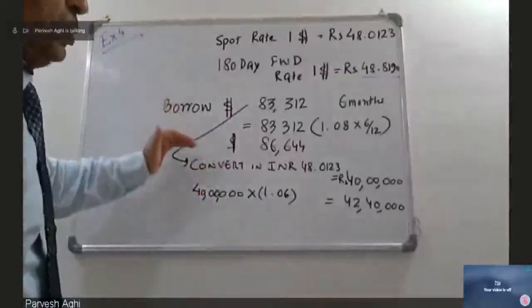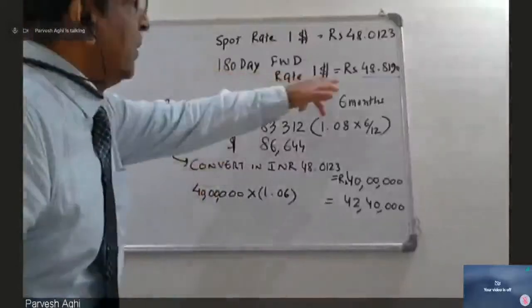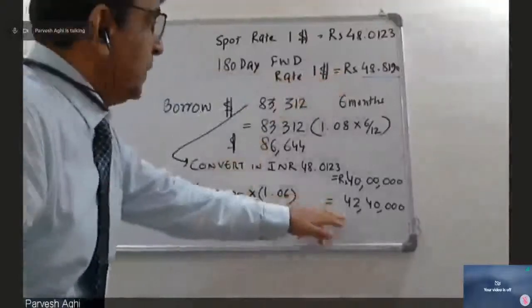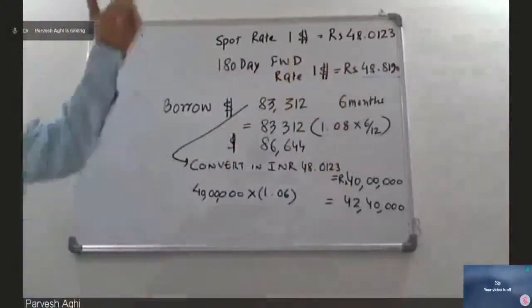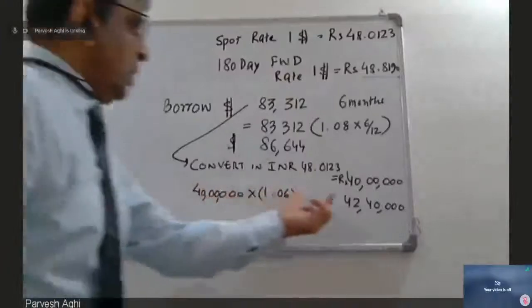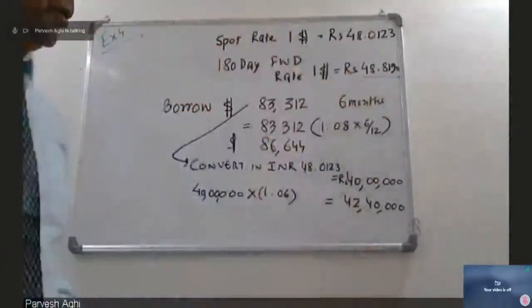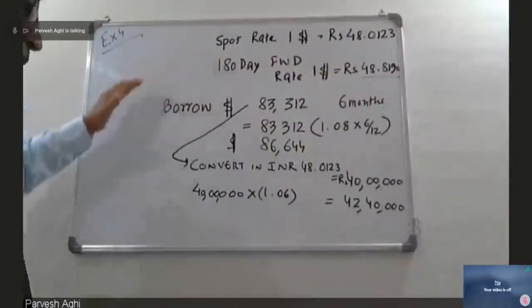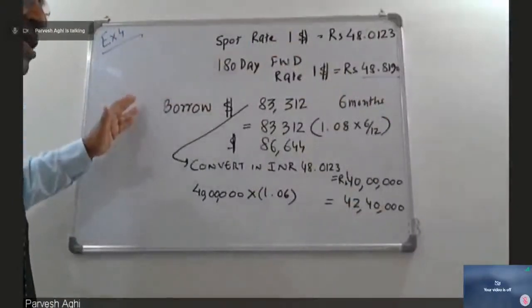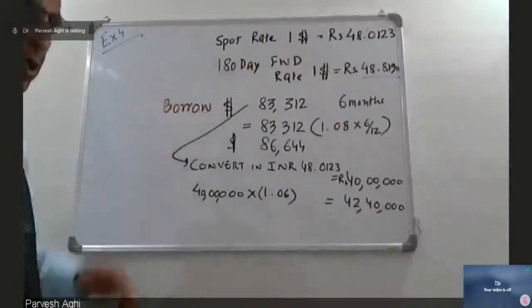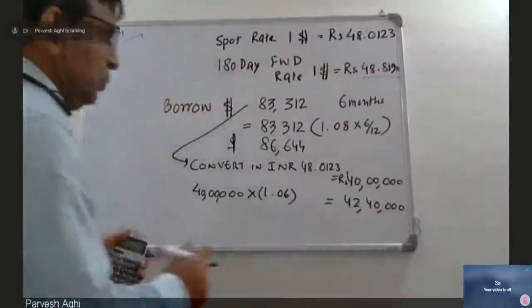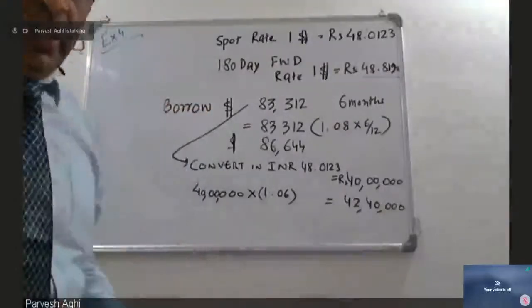Then at the time when I brought my dollars into India, I booked a forward contract to convert my rupees into dollars at 48 after 1 year. So I am going to convert this back into dollars and repay my loan. I did this 6 months earlier, on the day when I borrowed dollars. So now I am going to convert these rupees into dollars.